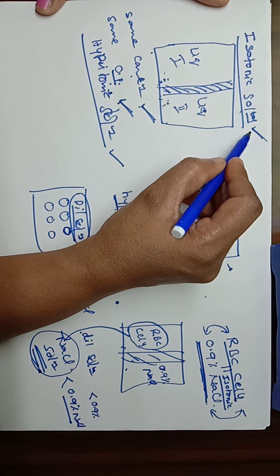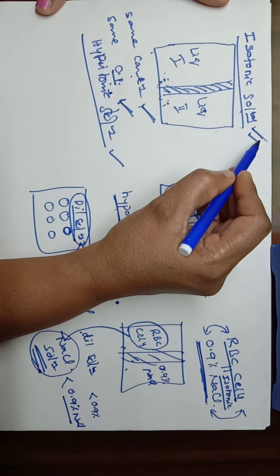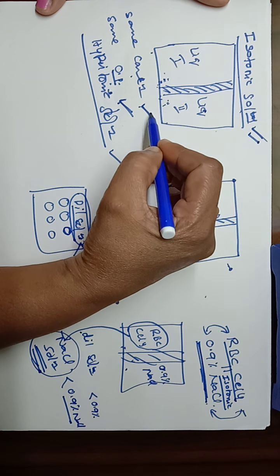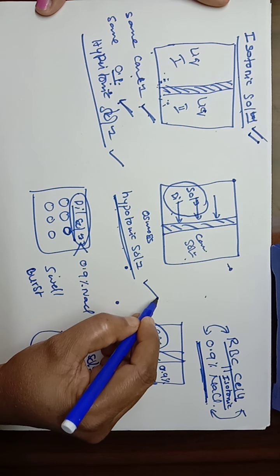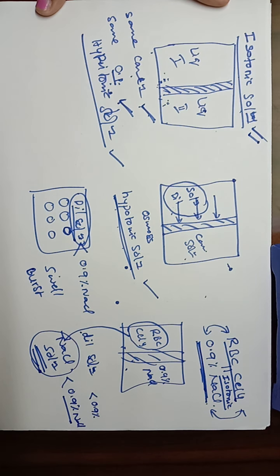A set of solutions having the same osmotic pressure and the same concentration can be taken as isotonic solutions. A solution which has a lower osmotic pressure than the other solution can be taken as a hypotonic solution. A solution which has more osmotic pressure than the other solution can be taken as a hypertonic solution.